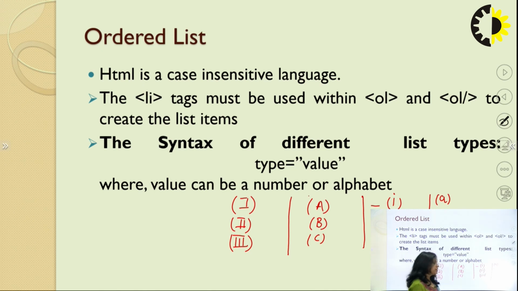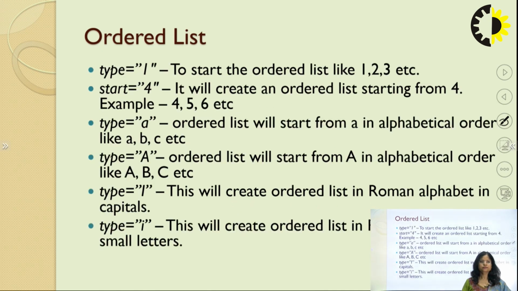These are the different types of representation of ordered list.